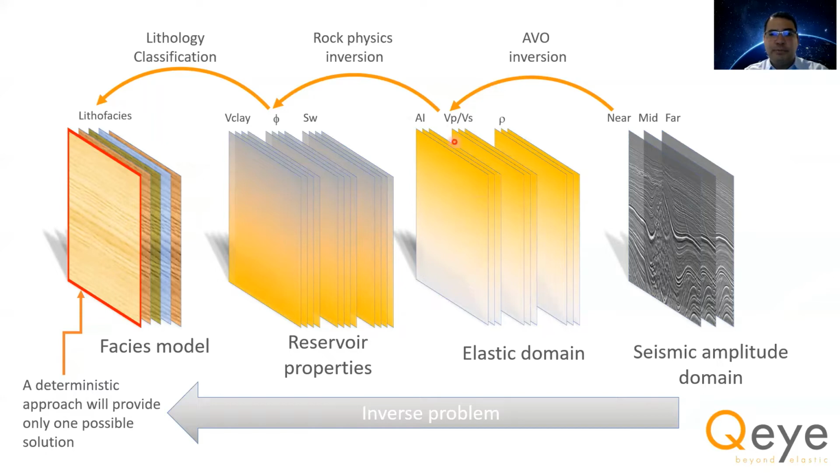the workflow. The second step in the phase classification workflow would be performing a rock physics inversion to basically convert all those elastic properties that we just obtained in our AVO inversion into reservoir properties. In this case, we have chosen V-clay, porosity, and water saturation.